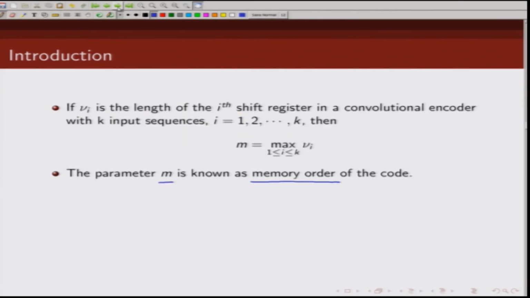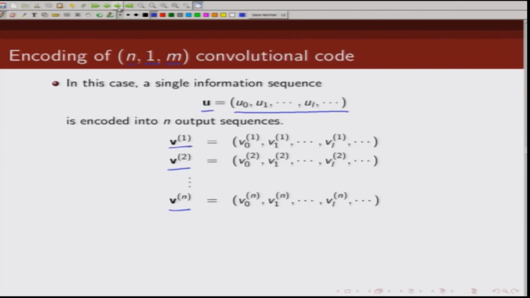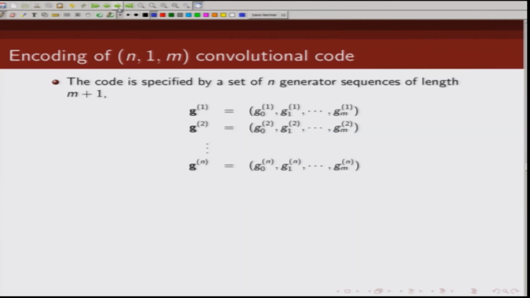So, what we can conclude from here is that we can completely specify a code by a set of n generator sequences, where each of these generator sequences is of length m plus 1. What are these g01, g11, g12, gm1?